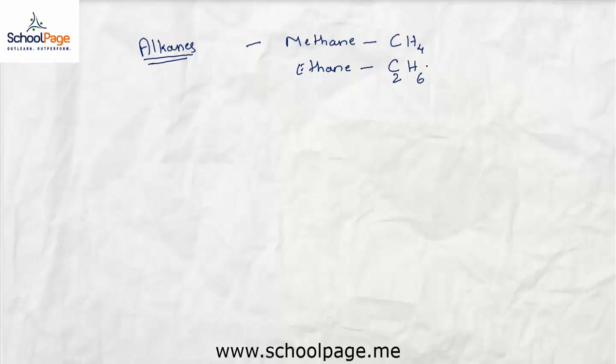Now, when I write a condensed structural formula for ethane, I can write it as CH3CH3. Moving on, propane is next in the series. When I write the molecular formula, it is C3H8. When I write the structural formula, I can write it as CH3, CH2 and CH3.